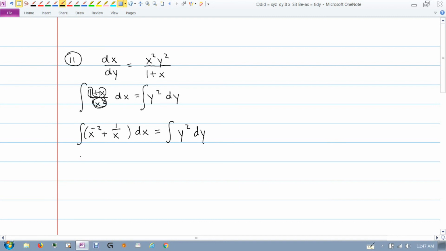So the antiderivative of x to the negative 2 is negative x to the negative 1, and then the antiderivative of 1 over x is natural log of x. Then we have some constant, and that equals 1/3 y cubed. And I could then multiply both sides by 3. It doesn't matter, but that is an equation that relates the two.